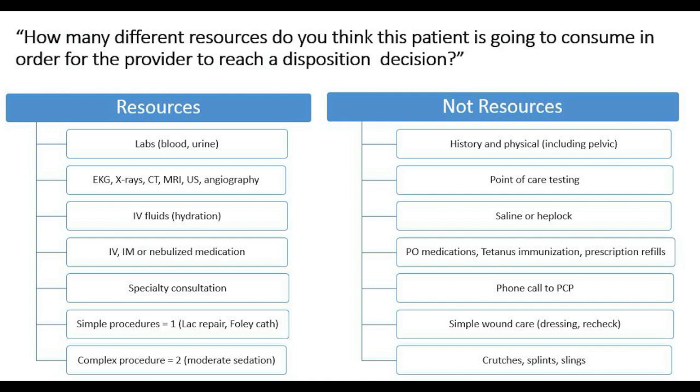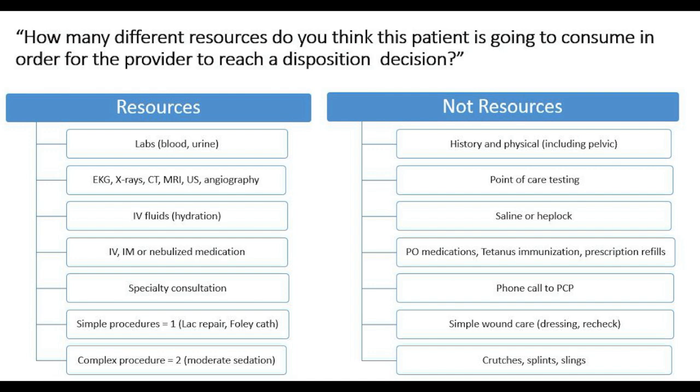So 1 resource is an ESI 4. If the patient is only going to need lab work, then they'll be an ESI 4. If you anticipate none of your resources being used, then they will be an ESI 5 patient.